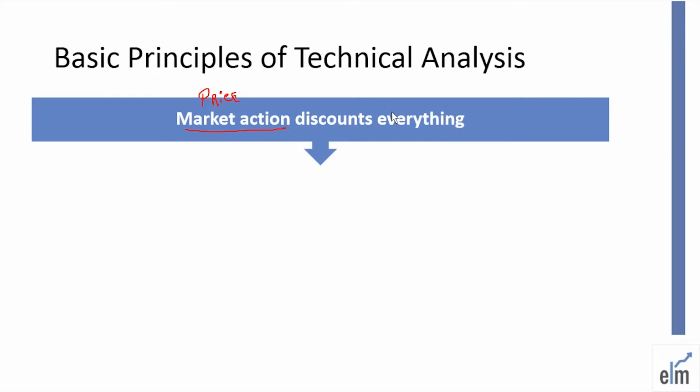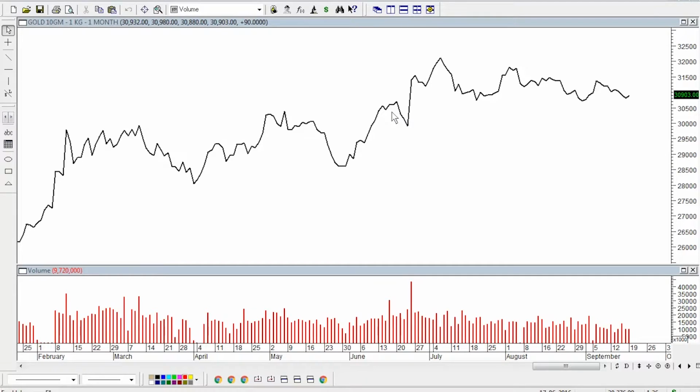Let me try to explain this with the same gold chart here. As we can see, the price of gold currently is around 30,900, and let's say that over the next few weeks or months the price comes down to around 28,500 or more. We are not suggesting that it's going to come down, but let's say if it does, or let's say it goes up to 33,000 or 35,000 on the upside.